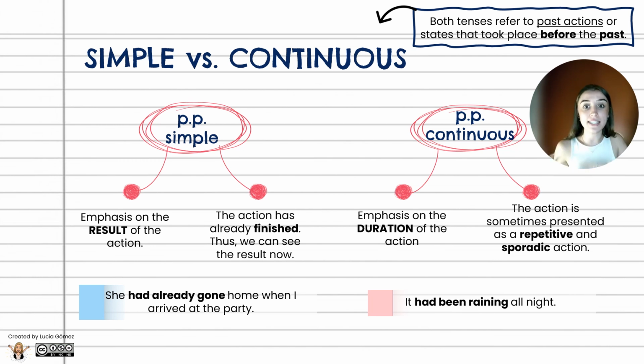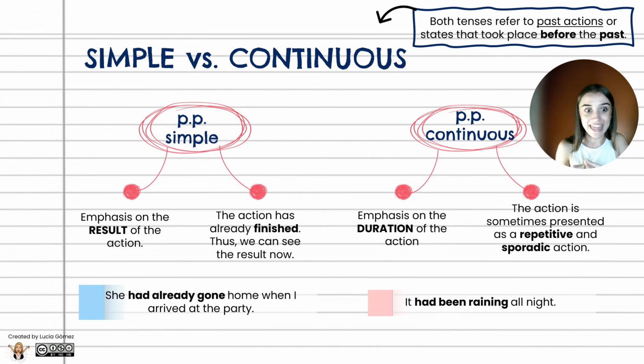So there's always going to be certain connection to the past simple. In fact, I need the past simple to locate my action. Remember that the past perfect simple is going to be used with certain emphasis on the result.